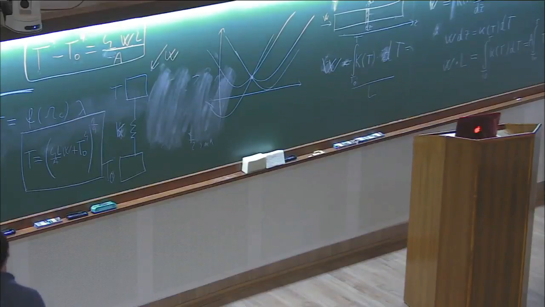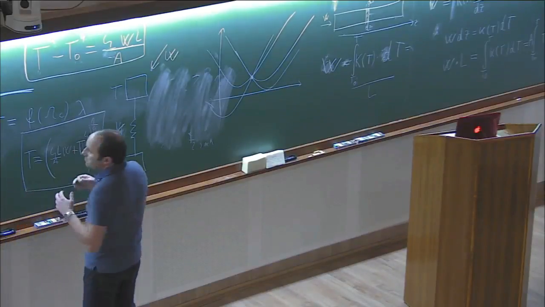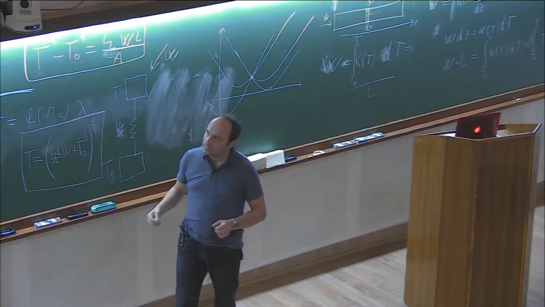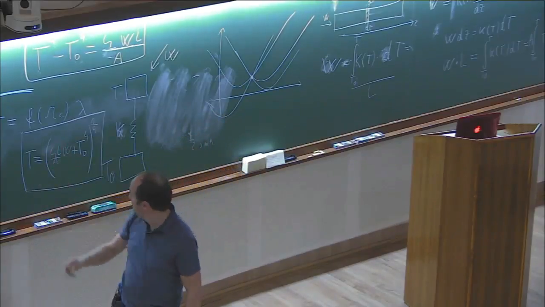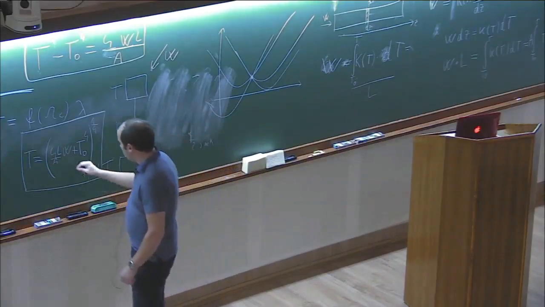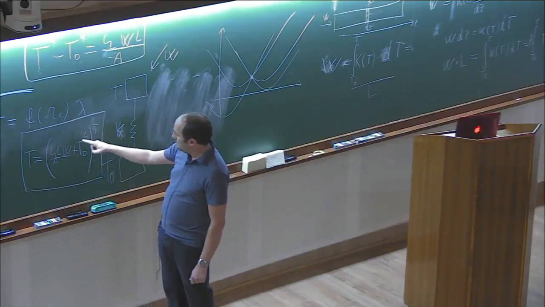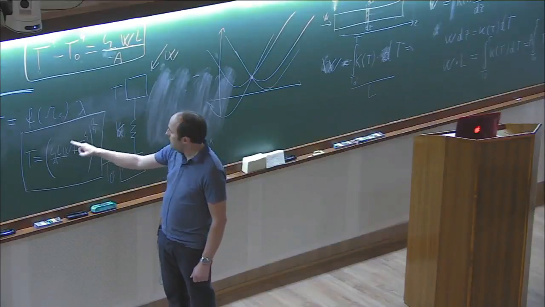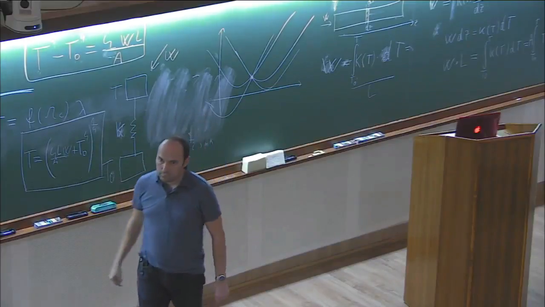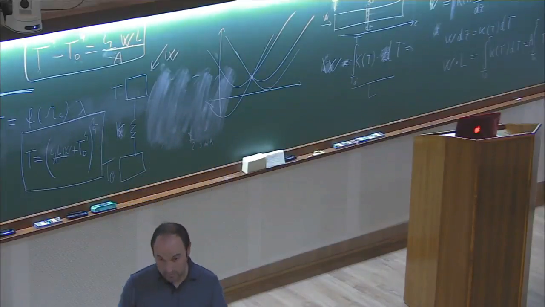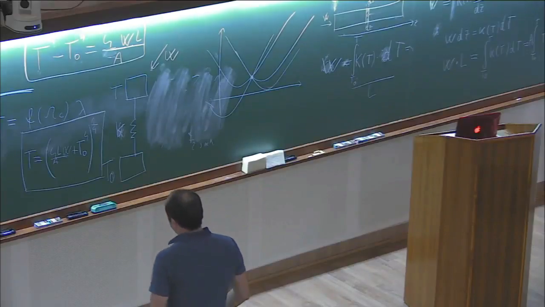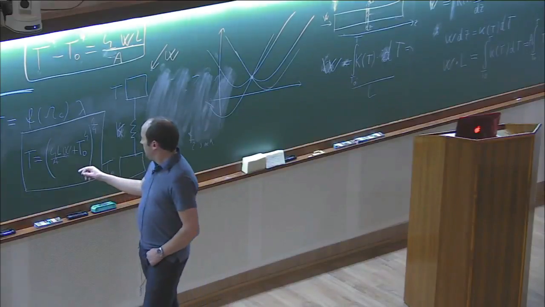T is the temperature of the stuff that dissipates, so the thing that is on the Y. So what we see here is T node to the fourth plus a constant, and the entire thing is to the power 1 over 4.